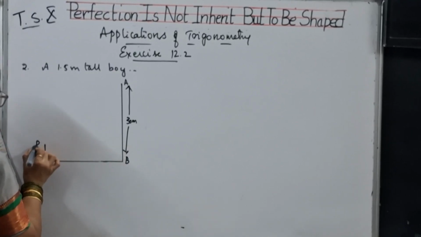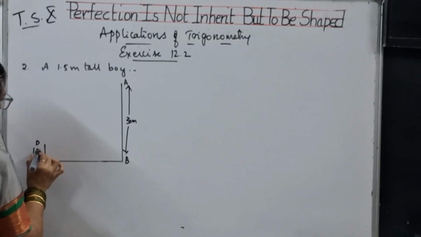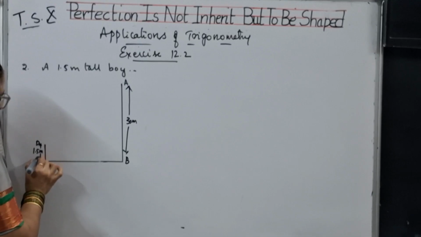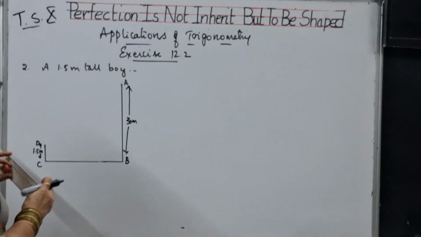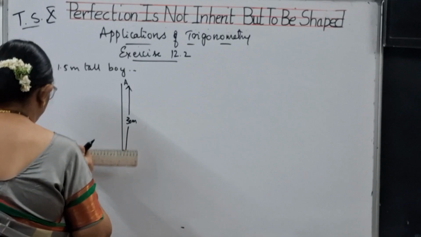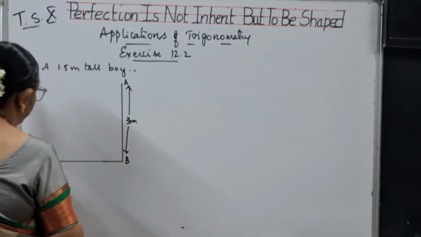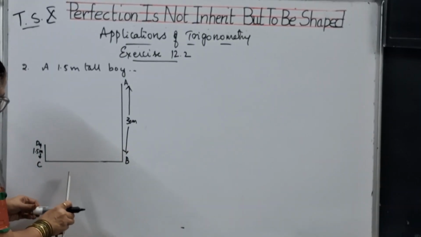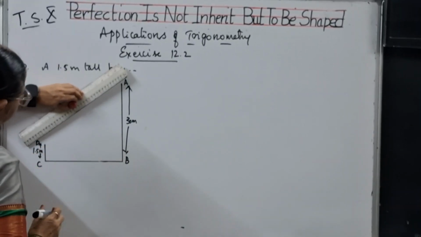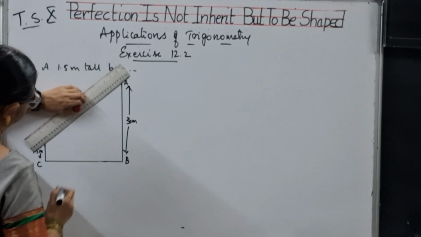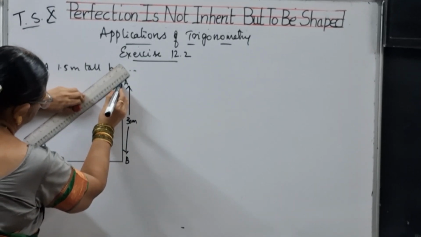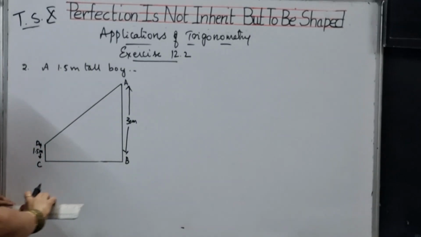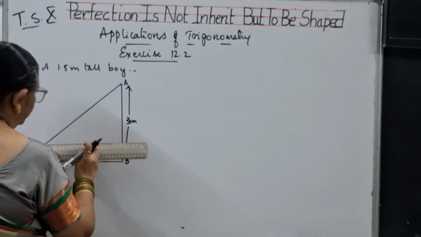So let me take this point as a D. So what he did is, he was here, from his eye, that means from this top, I should take the angle of elevation is 60 degrees. From his eye, the angle of elevation is 60 degrees means what, children? You have to draw a line like this here.